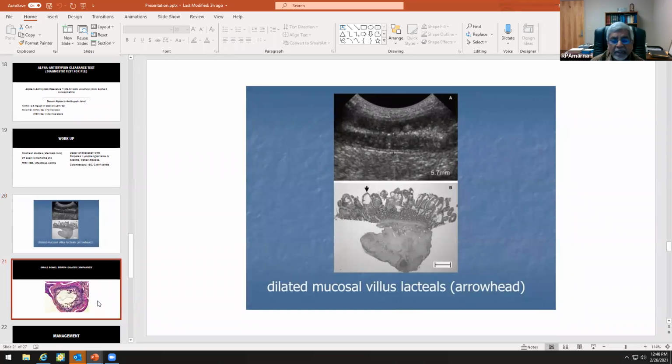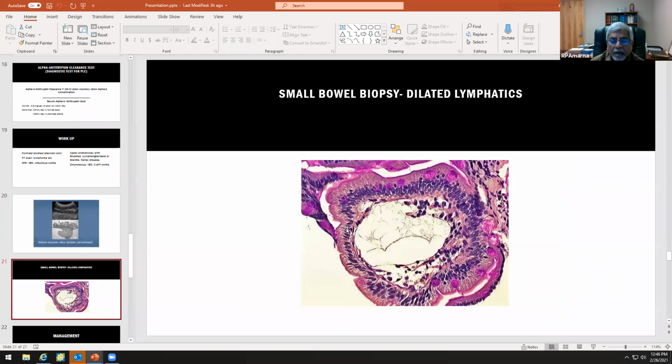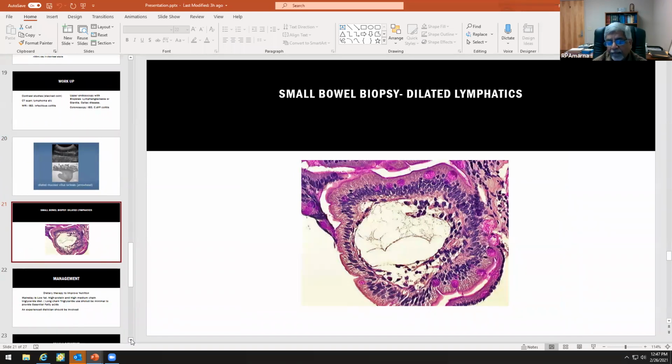In this one, you can see a little bit better. Large lymphatic channels that leak out the fluid. The consequence of this is that you are going to lose a lot of your fat, as well as protein, in the GI tract.